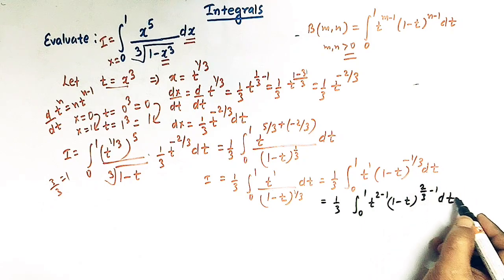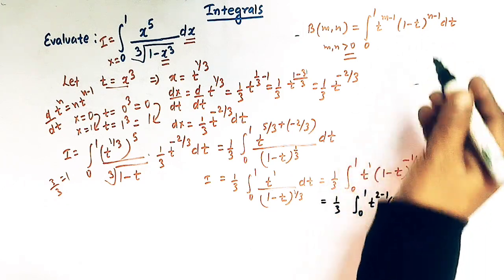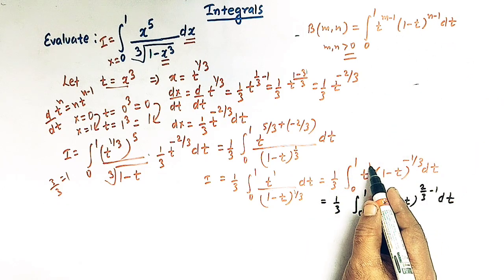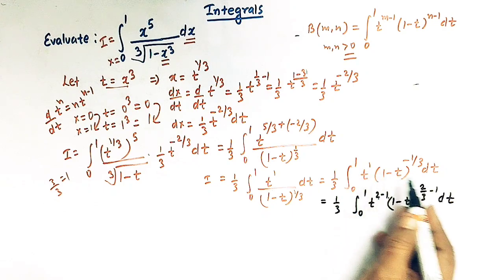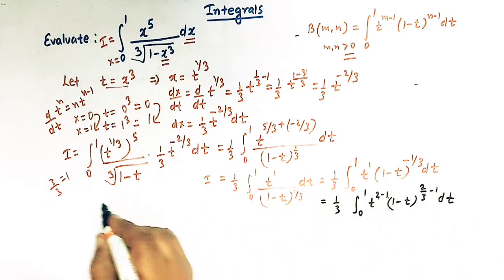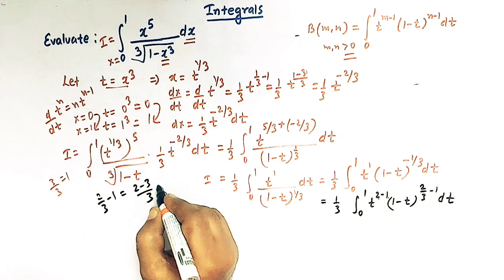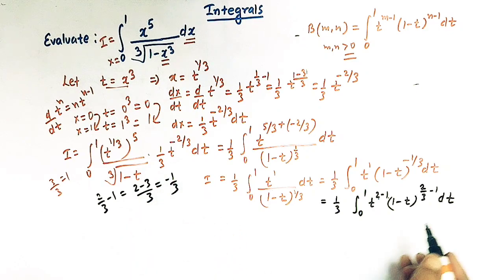So now this integral is of this form, and here the exponents, that is 1 is equal to 2 minus 1, and minus 1 over 3 is 2 by 3 minus 1, because 2 by 3 minus 1 is 2 minus 3 over 3, that is minus 1 over 3, right?